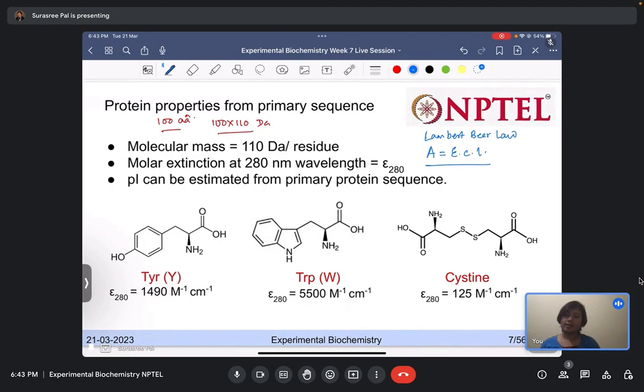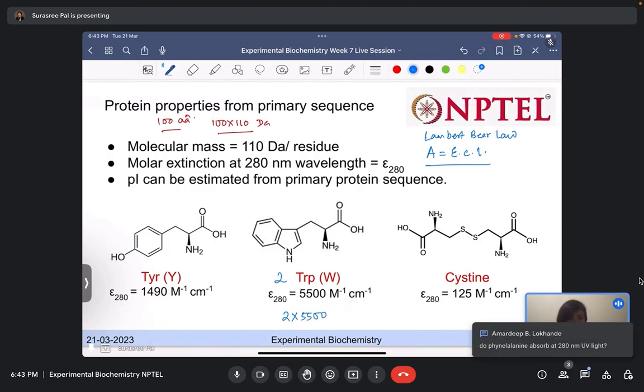So this molar extinction coefficient can also be determined from the primary sequence of the protein, basically based on how many tryptophan residues are present or how many tyrosine residues are present. Suppose there are 2 tryptophan residues, so what we do is we take the extinction coefficient as 2 into 5500, like this.